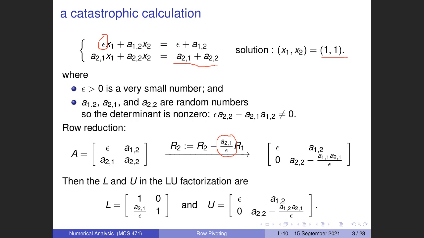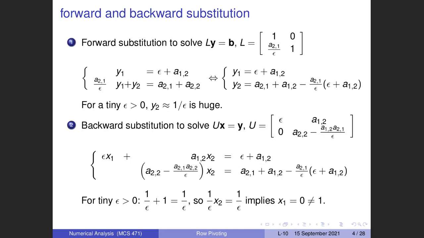All right, so everything is going fine. So let's continue. So in lecture 8, we also covered forward and backward substitution. So the reduction of the linear system has now led to an upper triangular linear system.